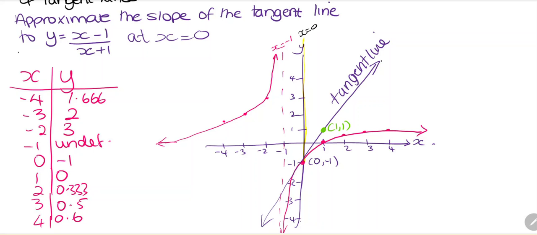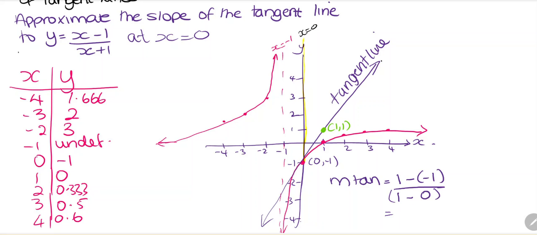So we're going to find our m tan. This is the difference in our y's over the difference in our x's. So our y values, we have 1 minus minus 1, and the difference in our x's, we have 1 minus 0.